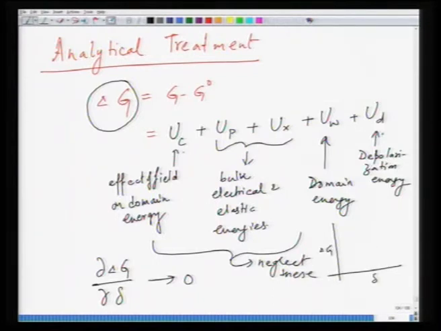With respect to this delta, this free energy curve has to show a minimum somewhere, and this delta is the optimum delta that you need to find. So, at this point, del of delta G versus del delta has to be equal to 0, and for that we need to know that UW and UD have some dependence on the domain size, and that is what we are going to look at.